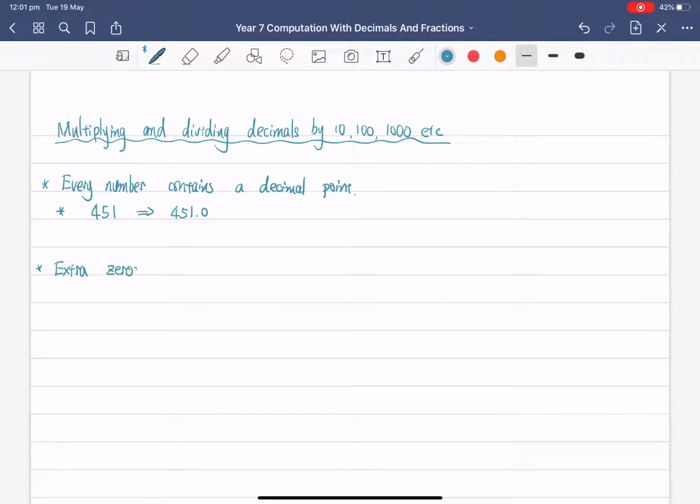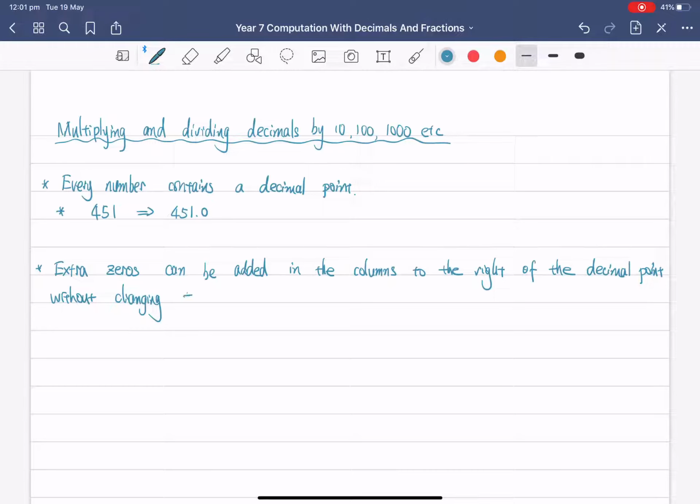So we're just going to assume that adding zeros at the end of a decimal does not change the value of the decimal numbers. It must be to the right of the decimal point.